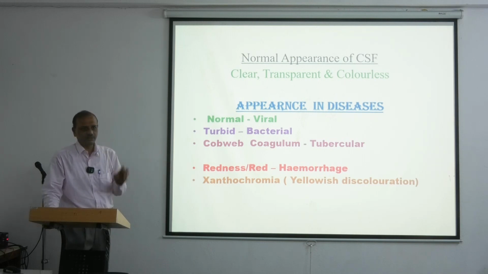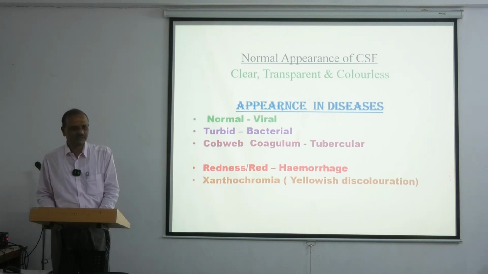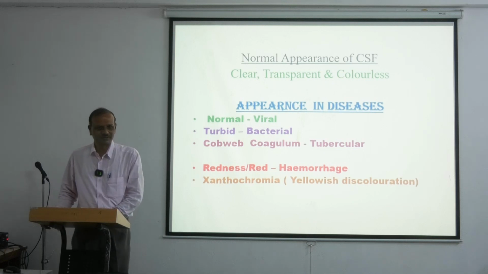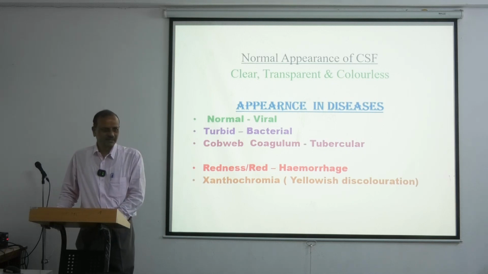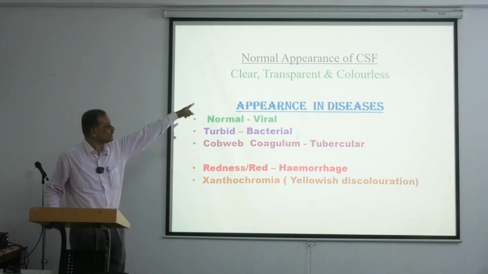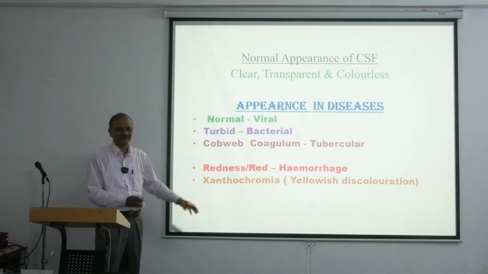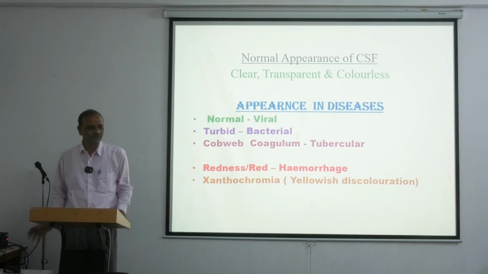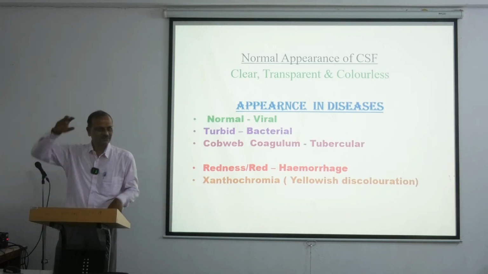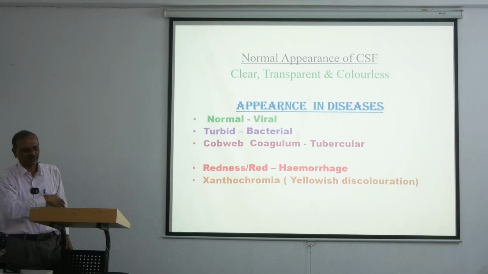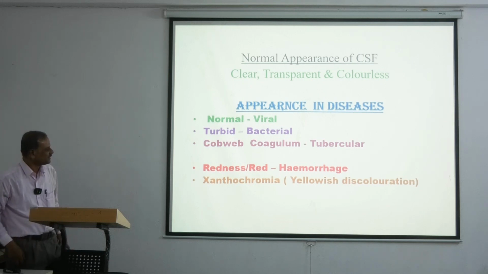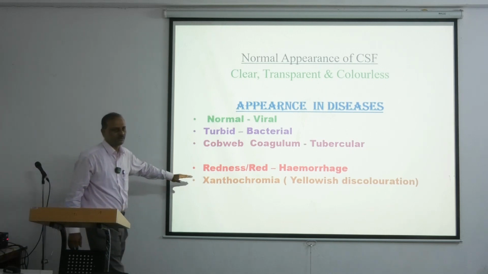If the CSF color is red, that means there is a hemorrhage, no doubt about it. If there is a clear colorless solution, and there is a redness, that means there is some amount of hemorrhage. I don't know where the site is, be it in the ventricle, the brain, or the spinal cord, but there is hemorrhage. And xanthochromia is basically yellow discoloration.